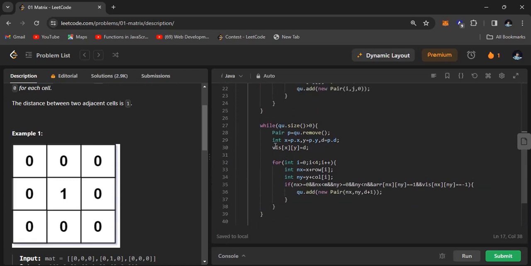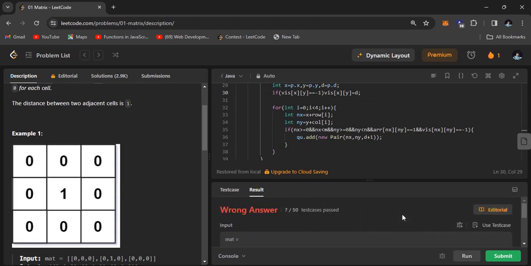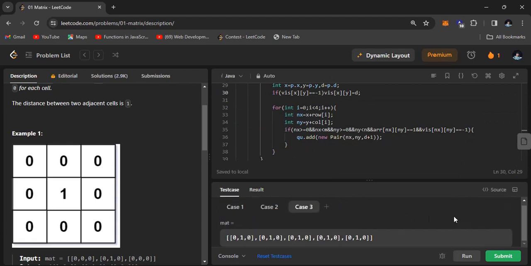So before making visited of x y equal to d, first check whether this visited is already solved or not. If it is not solved, that means it equals -1, then only put visited x y equal to d. Okay, let's use the test case.